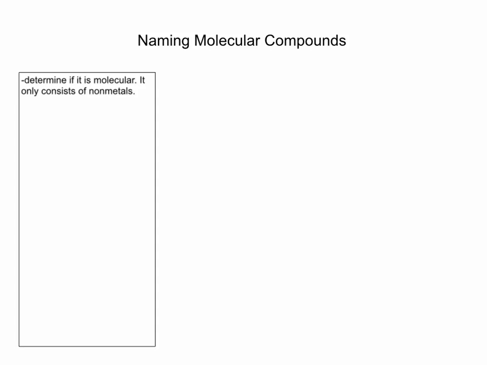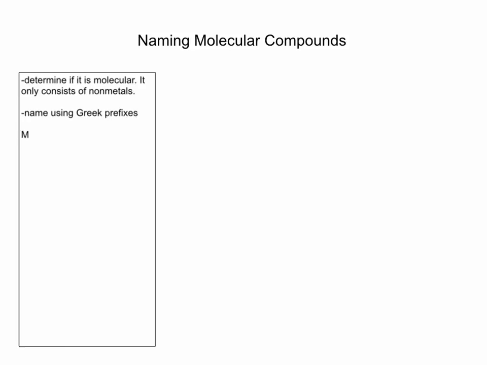If there are any metals in your compound, then you know it is ionic and you have to name it as an ionic compound. But we have to look first to see if it is molecular. If it is molecular, we need to name it using Greek prefixes.